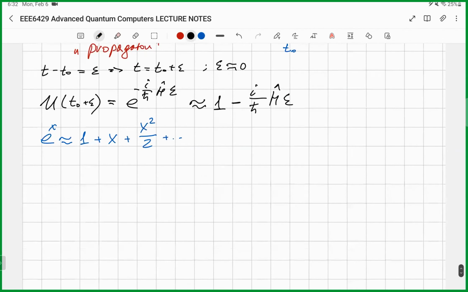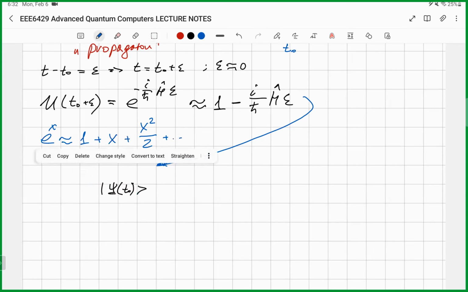Now I take my initial function psi of t sub 0, right, and act on this initial function with this time evolution operator with very small epsilon.